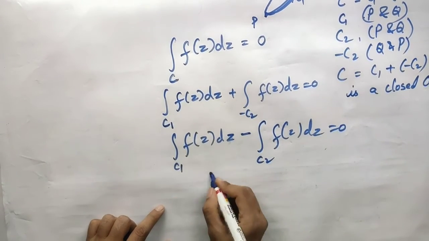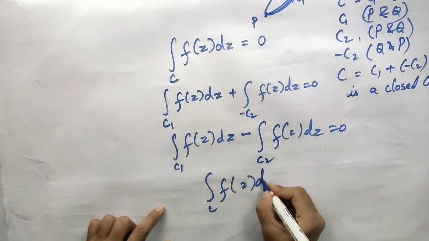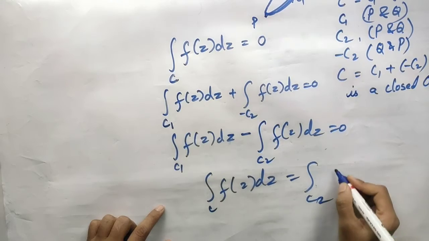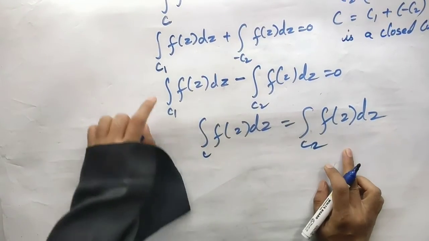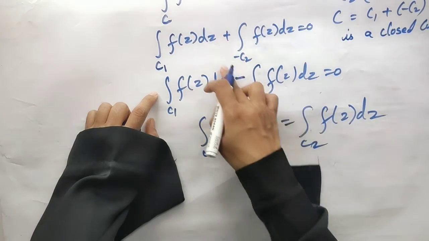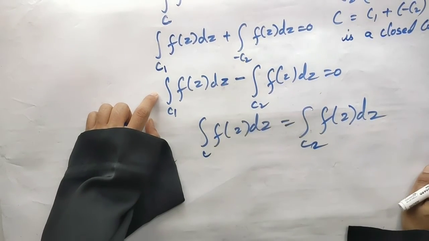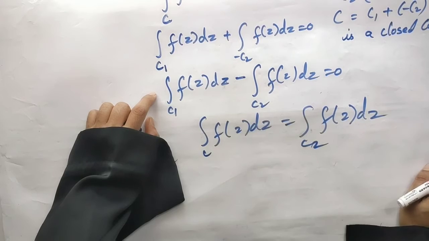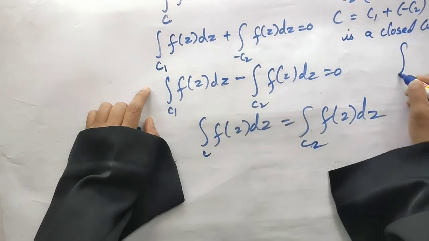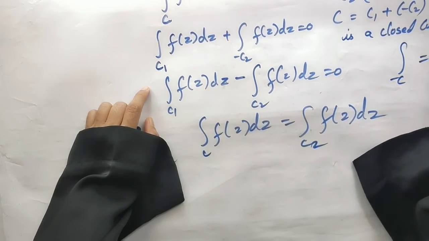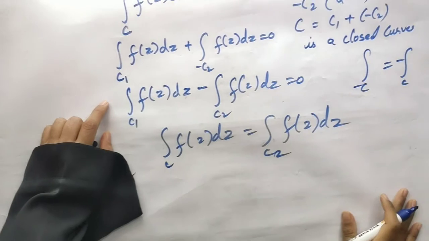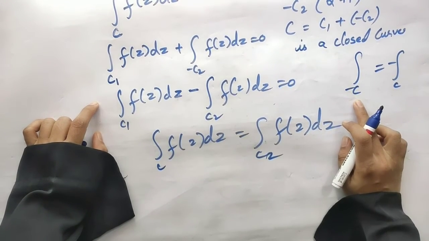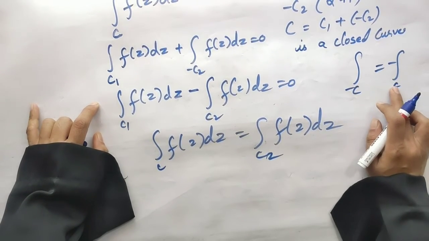Now I can bring this to the right hand side, right? Look at this. This is by the property of line integrals. In the first part of the first class of module 2, I have already given this property. Integration over minus C is equal to minus integral over C. This is already there.